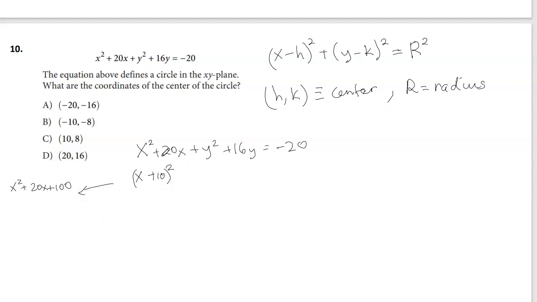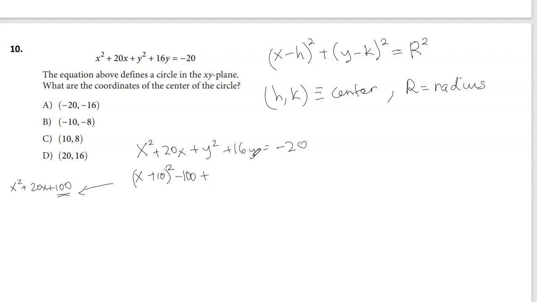But that's not what we've been given, meaning that I have introduced this value here, which is not part of the equation. So what do I do to neutralize it? As soon as I write this out, I will subtract 100. So that when I expand this, the minus 100 will take care of what is within here. With this idea, I do the same thing for the second one.